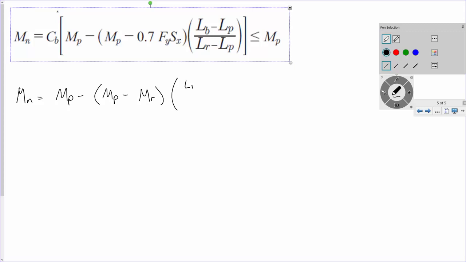LB minus LP, LR minus LP, right? Now I can rewrite this term over here on the right to say MP minus MR. Oh, nope, I got that backwards.